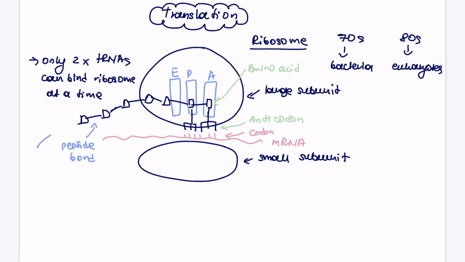But basically, as they bring in amino acids, the polypeptide chain will grow and peptide bonds will form between the amino acids. The idea is that the ribosome will move along the mRNA like a conveyor belt, and tRNAs will come in and bring the amino acids which are complementary to the codon.